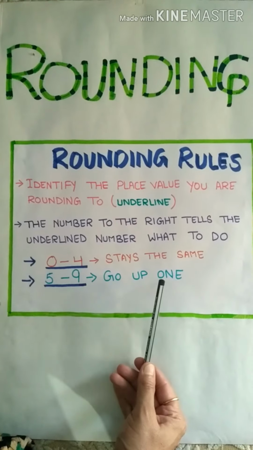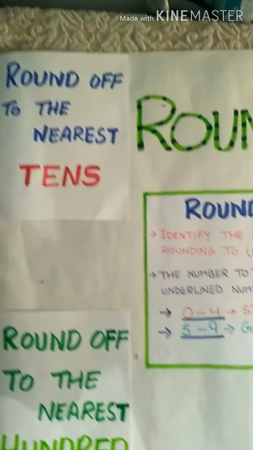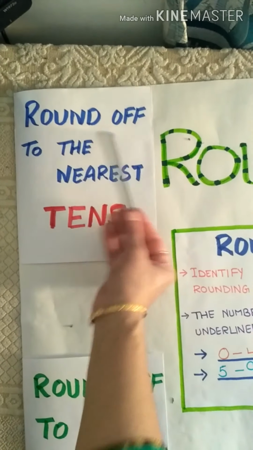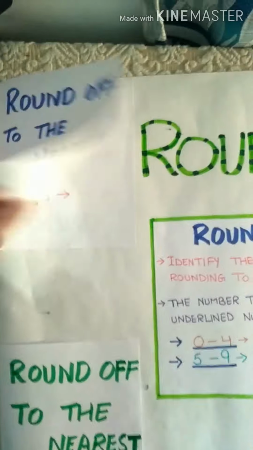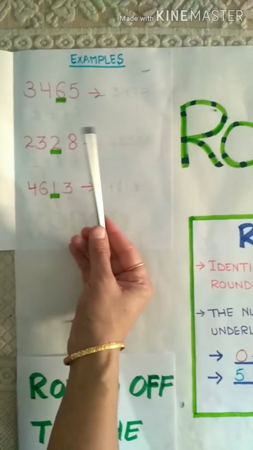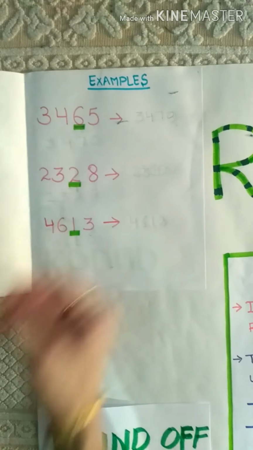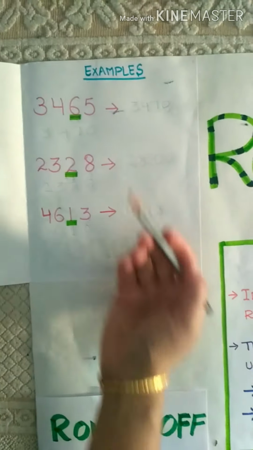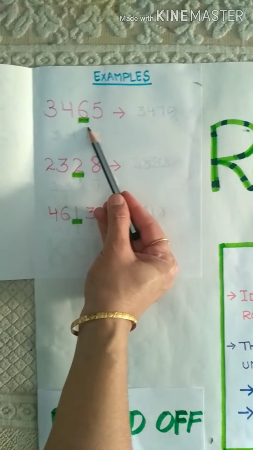So students, let me explain our first round off, that is rounding off to the nearest tens. Here I have a few examples. My first number is 3465. Here I am going to round off to the nearest tens.